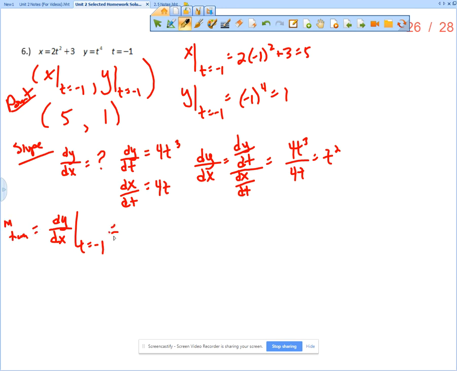So -1 quantity squared is 1. So we have our point, we have our slope. The equation of the tangent line is y minus 1 equals slope of 1 times x minus 5.